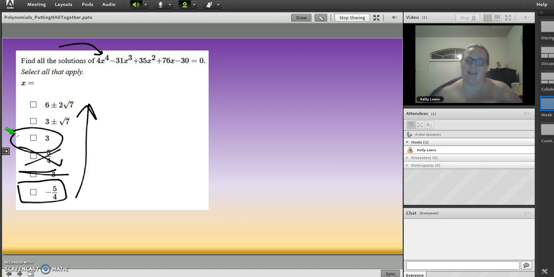So to ensure that this is really the answer and it's not 6 plus 2 square root of 7, I'm going to type in the 6th one and see if I get 0. If I get 0, then we need to look a little more carefully.